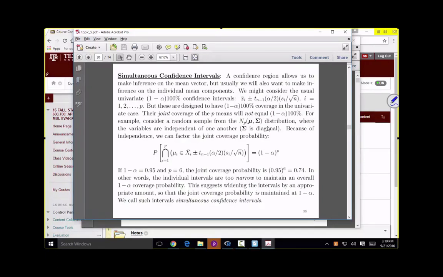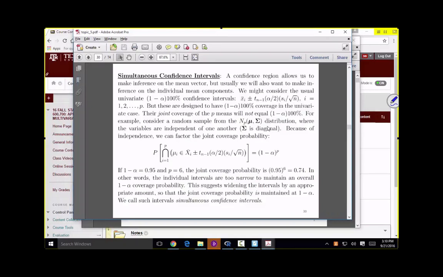But we also will usually want individual intervals for each of the variables. In that 2-dimensional case, that would mean I want a confidence interval for the first variable and a confidence interval for the second variable. The challenge in doing that is that if you construct 2 95% confidence intervals, the probability any one 95% confidence interval covers its truth is 0.95.